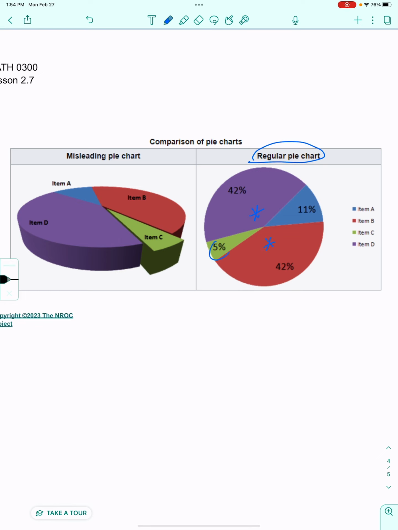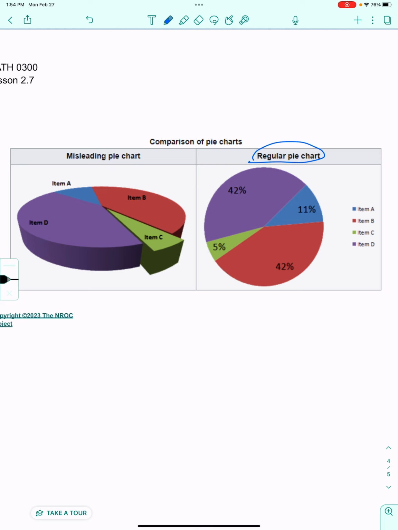It's very easy to tell that the green one is smaller than the other ones. When they tilt that pie chart and make it 3D, all of a sudden, data starts to look a little bit distorted.